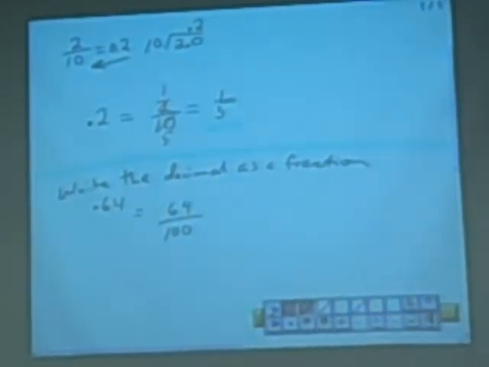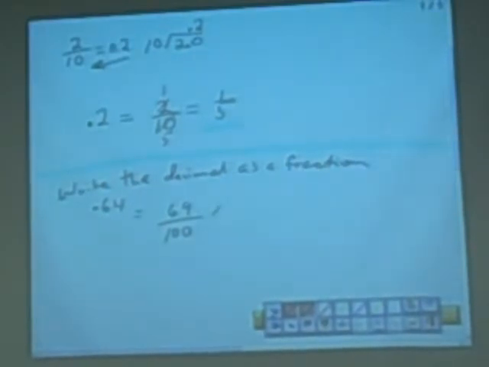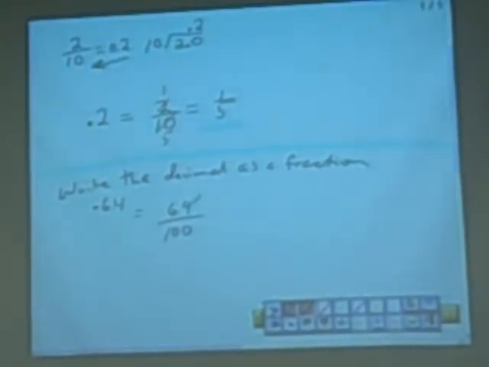But we need to go ahead and simplify that. Okay? Well, 64 and 100, we know that they're both even, and they're kind of high numbers. So let's say that 4 divides into 64.